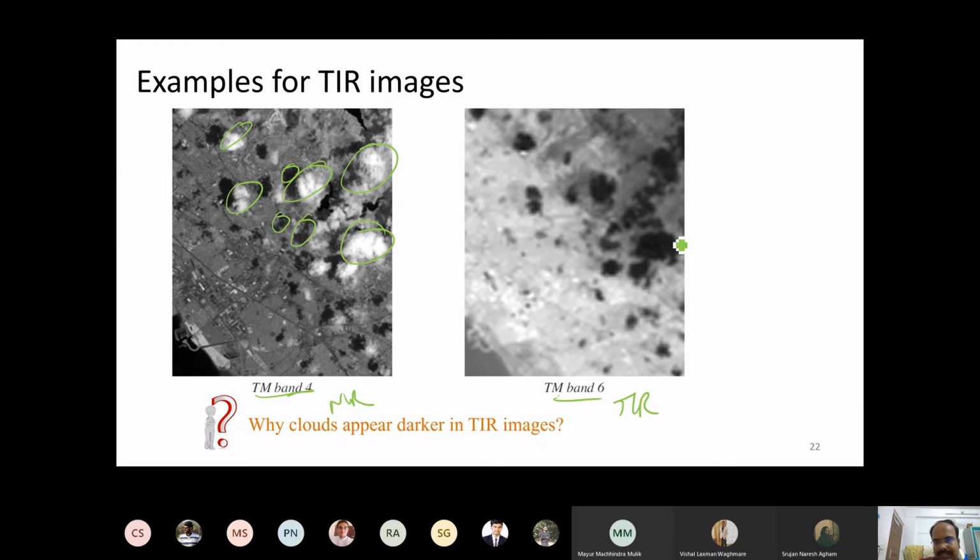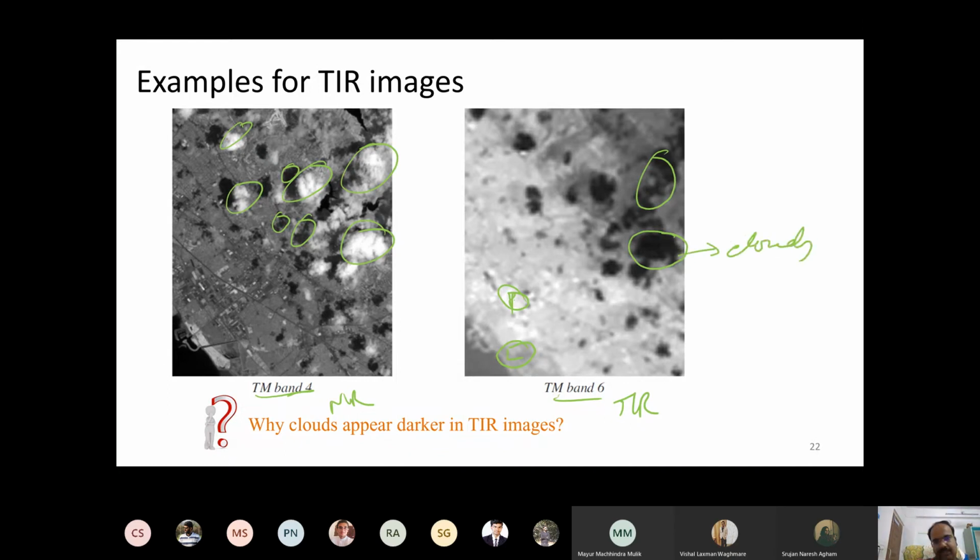Here, in the thermal image, clouds appear pretty dark. This is the temperature of the Earth's surface. Where there is a bright patch, there is high temperature; here slightly lower temperature; here it's high, here it's low. And clouds appear darker.